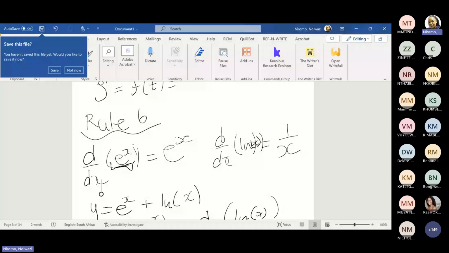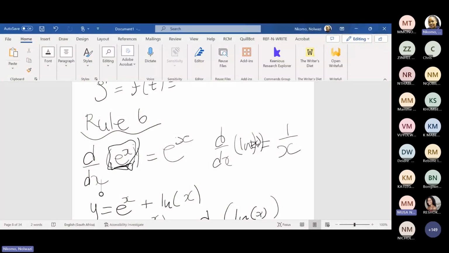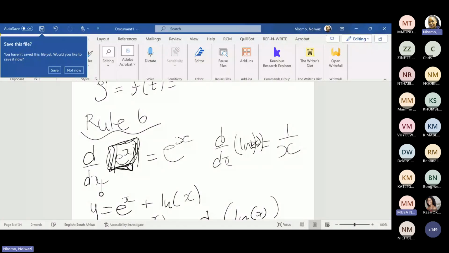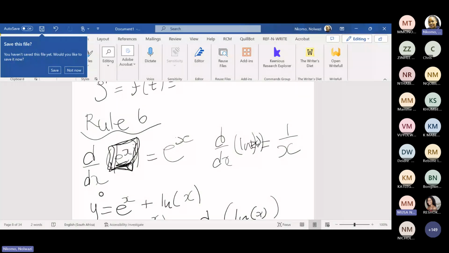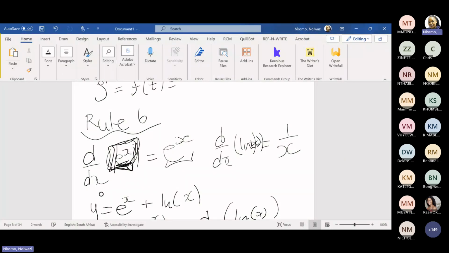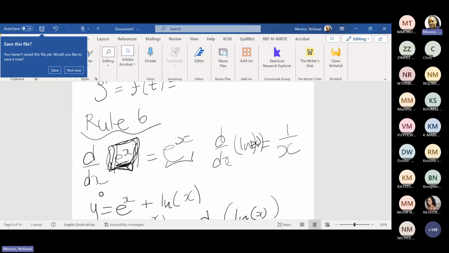The derivative of this is the same as this function, right? So the derivative of e to the power x is e to the power x. And if you are asked to find the derivative of ln x, it would be 1 over x. It's just the rule. Okay, I got it. Thanks. All right, no problem.